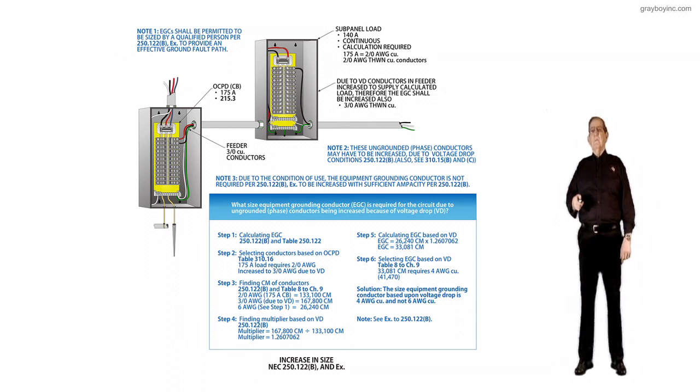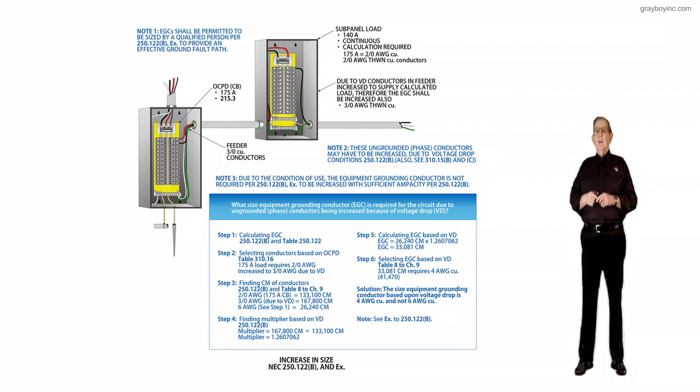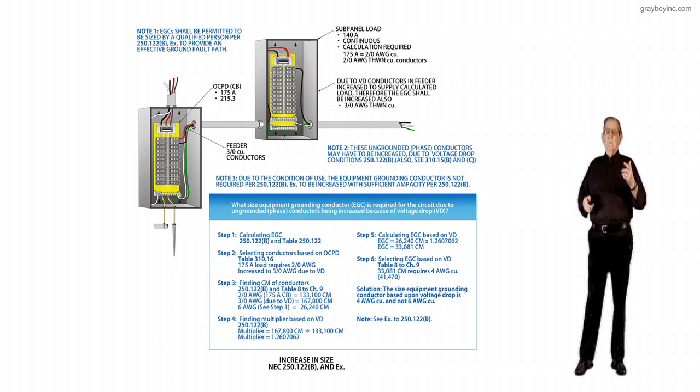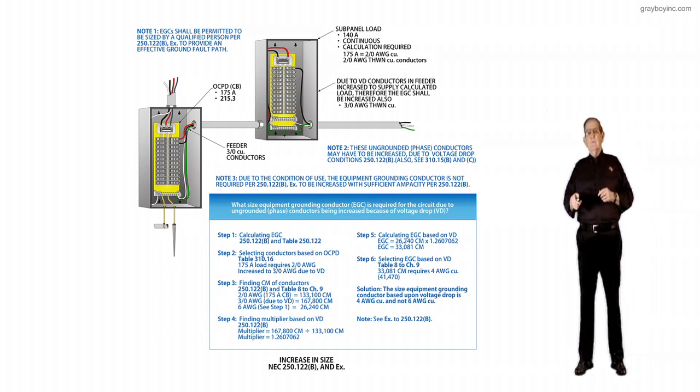And then step 3, 250.122(B), along with Table 8 in Chapter 9 says, now let's look at the math. The 2/0, based on a 175 amp main from Table 8 in Chapter 9, was 133,100 circular mils. The 3/0 now, due to voltage drop, not load, was 167,800 circular mils. But the 175 amp main per Table 250.122 was a number 6, and its circular mil rating was 26,240 from Table 8 in Chapter 9.